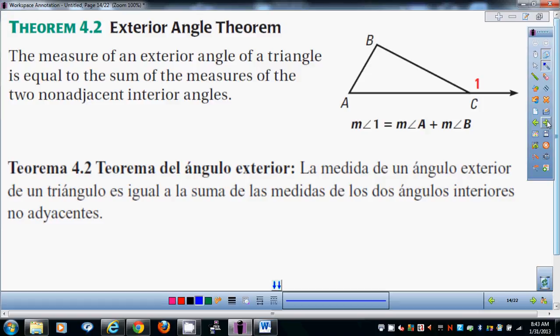The logic behind that is very simple. Someone think about it for a moment and try to tell me, why do you think that has to be the same as the sum of the other two?